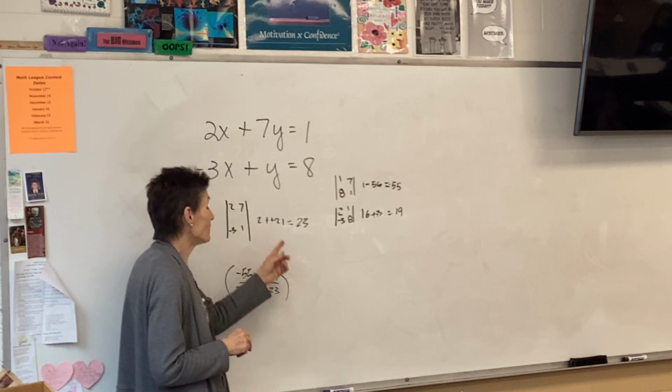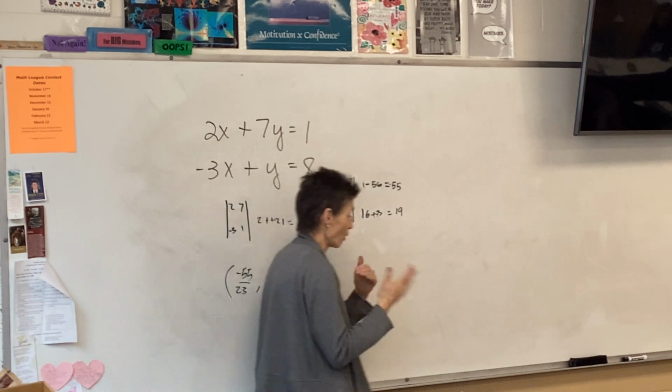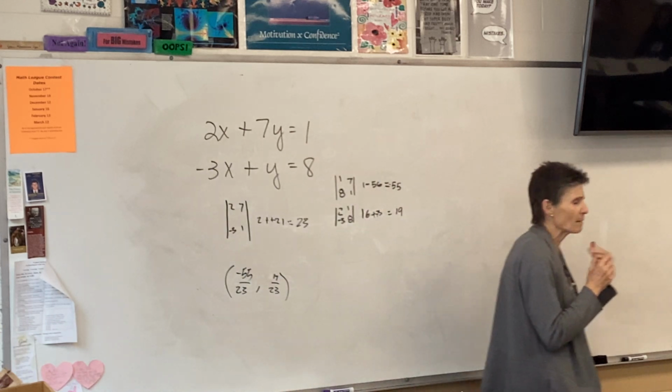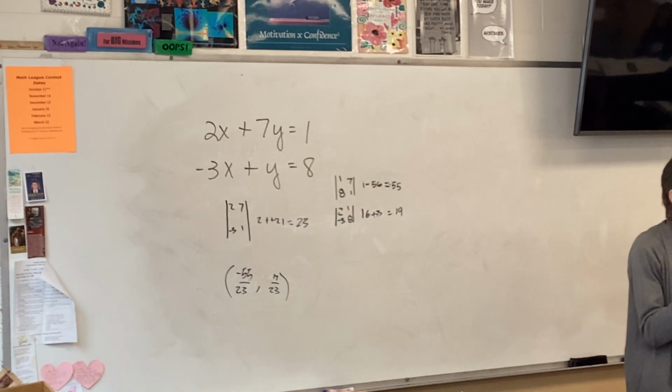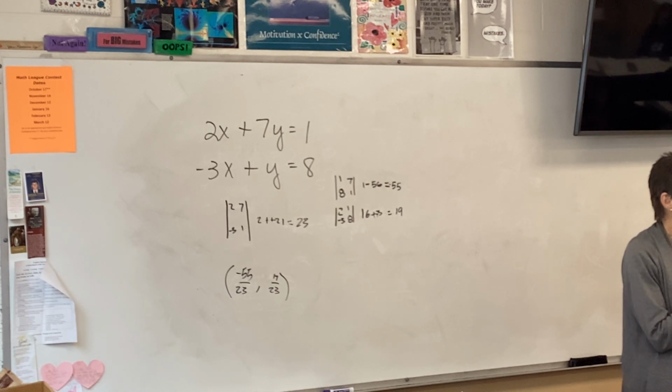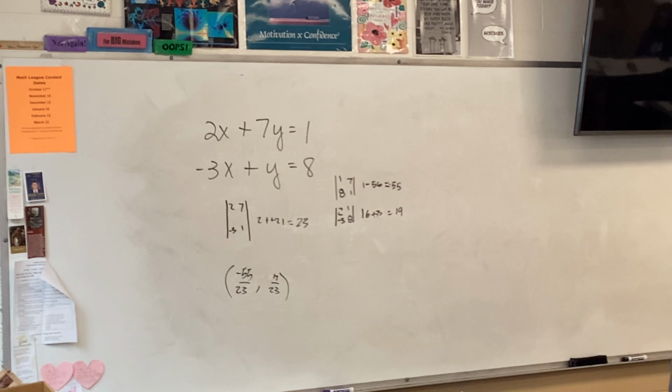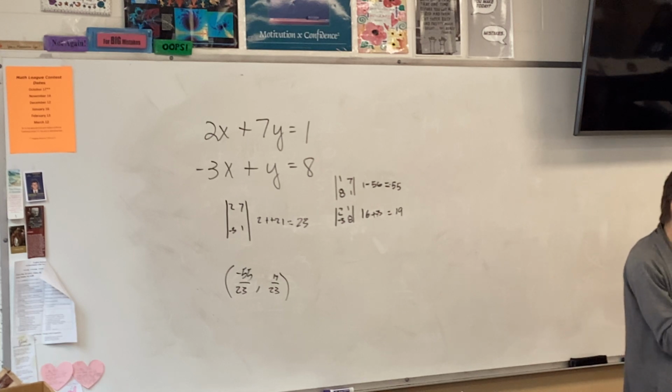Now, when that happens in Cramer's rule, and this is a drawback of Cramer's rule, and I'm not gonna do this to you, but just for your own information, you don't know whether it was no solution or infinitely many. All you know is that something's wacko.